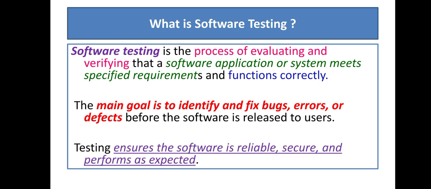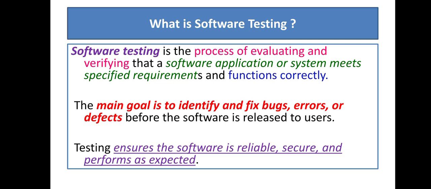How is it possible? In the form of testing. Testing ensures the software is reliable, secure, and performs as expected. To evaluate your software product as per the requirements of the customer, and whether it is functioning as per those requirements, one has to go for software testing.